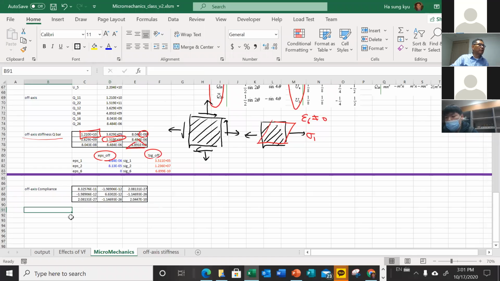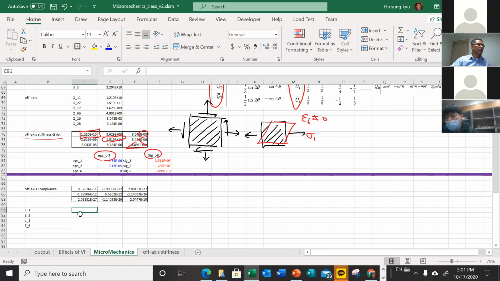And now we can define the material property in the off-axis, E1 and E2, and Poisson's ratio, and E's, I will call E6. And there is another Poisson's ratio, but let's just define this.